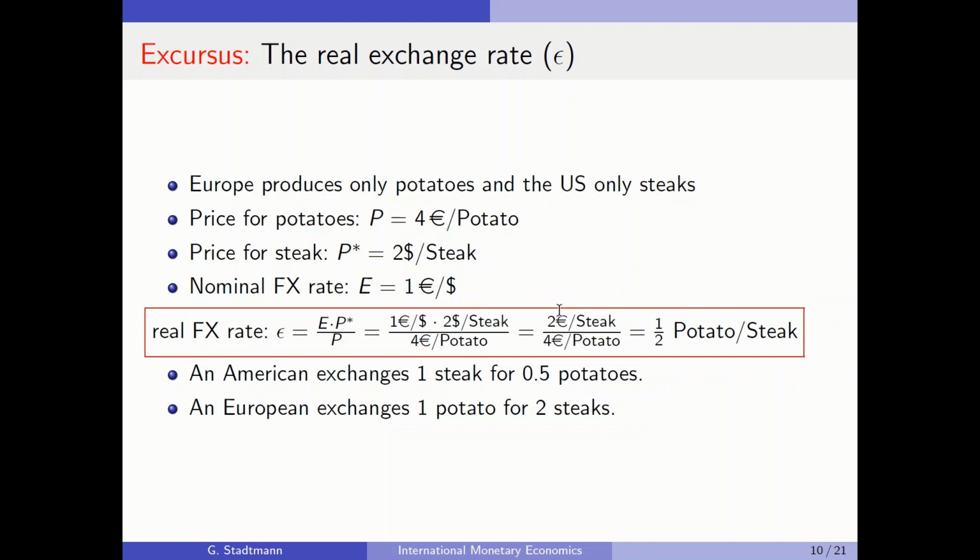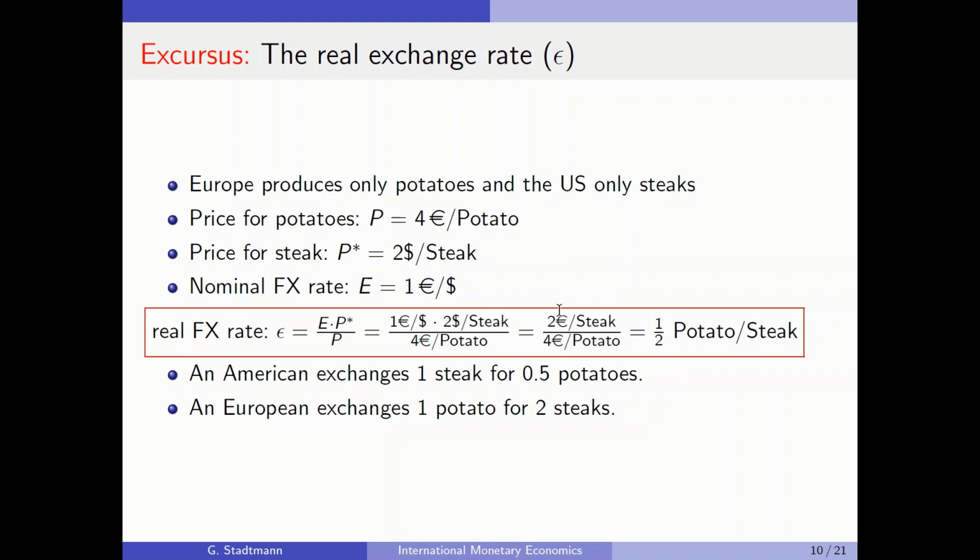The real exchange rate is defined as the nominal exchange rate times the foreign price level divided by the domestic price level. So when we plug in the numbers, the nominal exchange rate of 1 euro per dollar times the foreign price level, $2 per steak, divided by 4 euros per potato, then we get the real exchange rate.